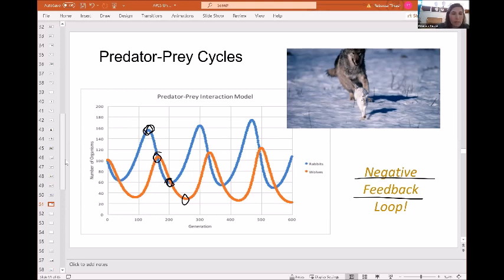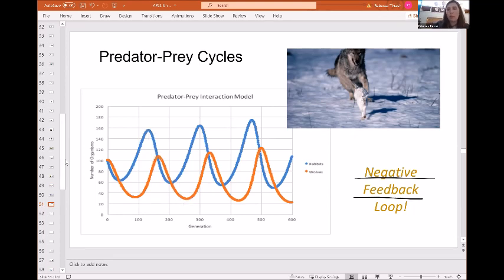If you have many, many prey, then the wolves in this case are eating really well. They're able to find plenty of food. Well, then their population booms, but then they quickly outstrip their resource. They eat all the prey. And so the population of the prey plummets.